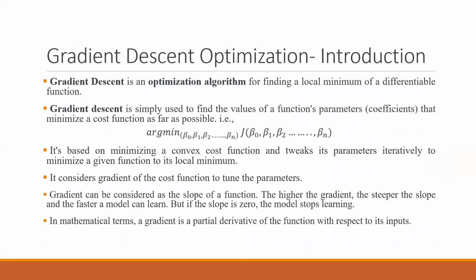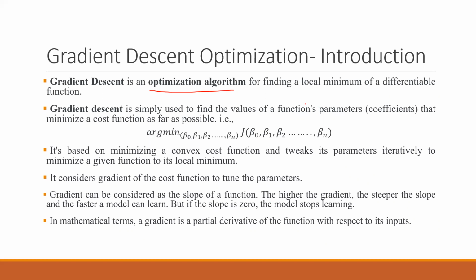Gradient descent optimization is an optimization algorithm for finding the local minima of a differentiable function. Obviously, we have to do some differentiation. We have discussed that we have, let's say, J(beta naught, beta 1), and then we had to do the differentiation with respect to beta naught and then beta 1.